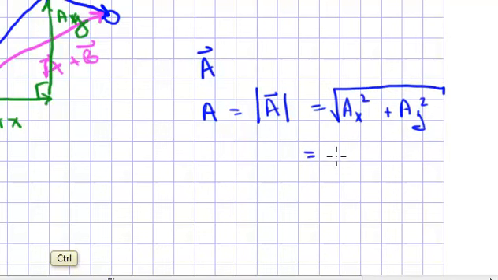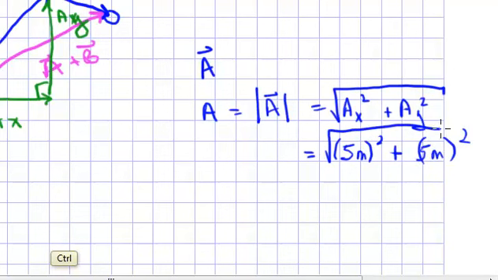Okay, but that's going to be equal to the square root of A sub x, which is 1, 2, 3, 4, 5, that's 5 meters, squared, plus A sub y, 1, 2, 3, 4, 5 meters, squared. Okay, so 25 plus 25 is 50. It's the square root of 50 meters squared.